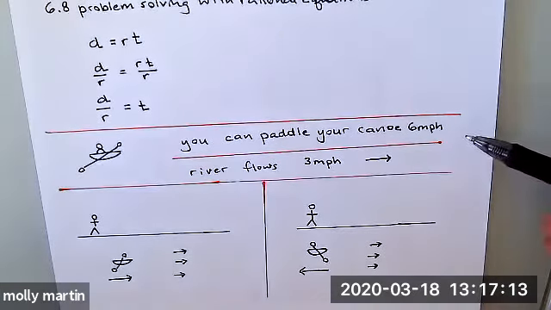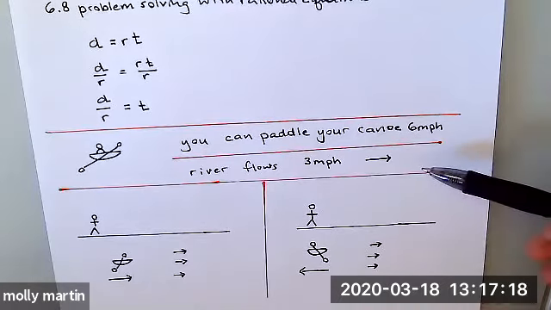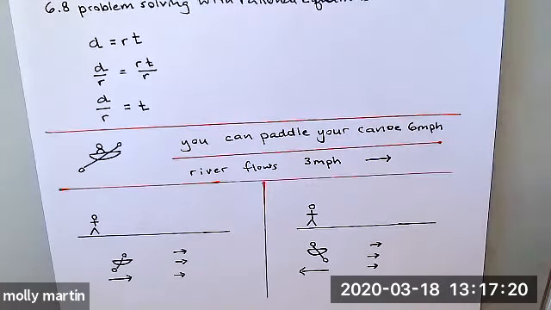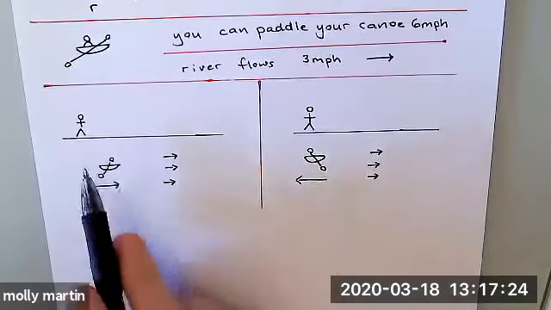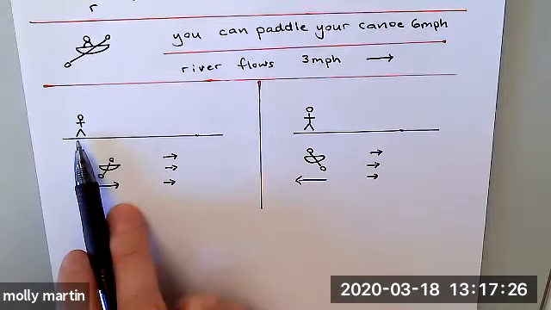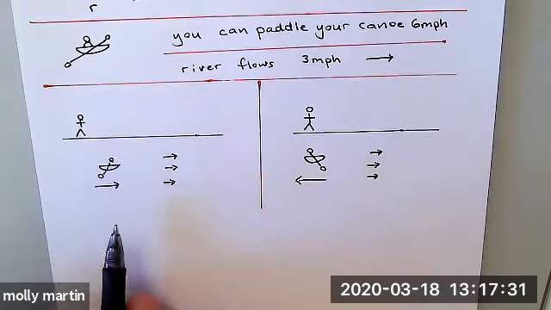Now, if you can paddle your canoe 6 miles an hour and the speed of the river is 3 miles per hour, then to an observer on the shore, how fast does it appear that you're moving?